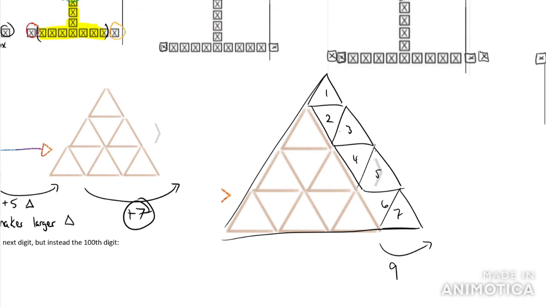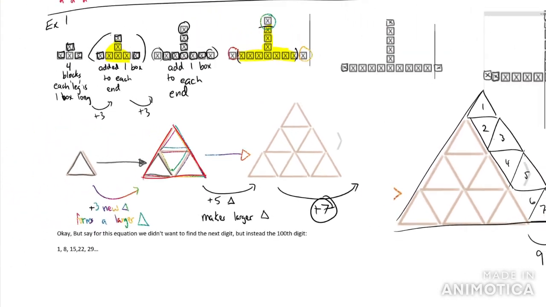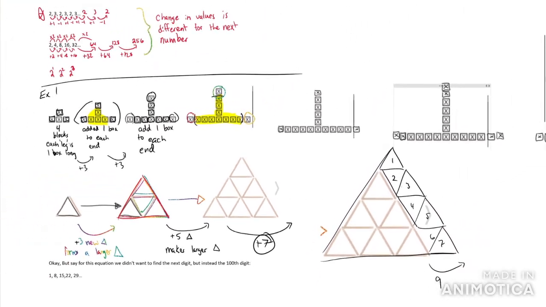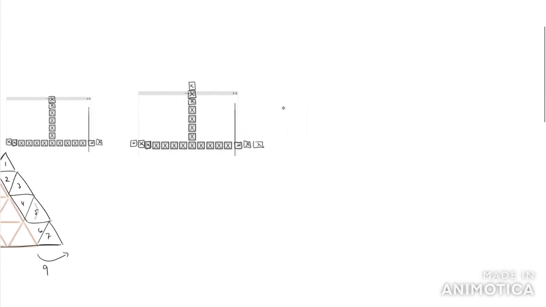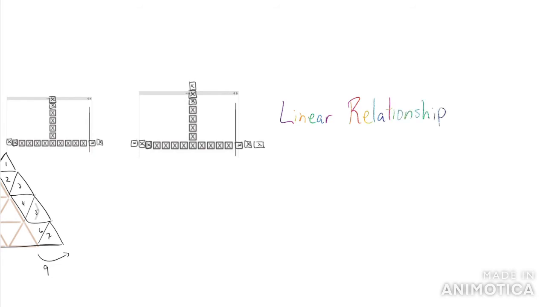I'm not going to draw that just for time's sake, but if I look at these two, our first example with the boxes is going up by 3 each time. I'm adding 1 to each end. So what I can say is this one is an example of a linear relationship because I'm changing by the same amount.